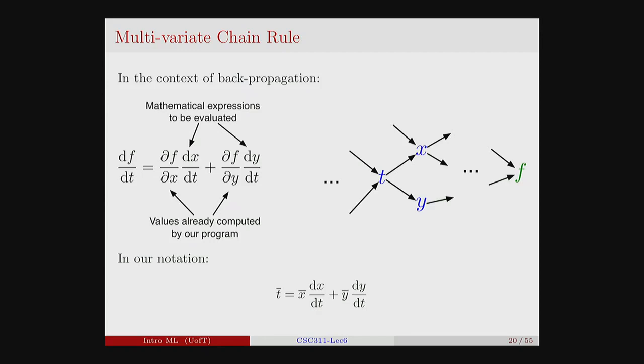But we already have a name in error signal notation for that first thing, which is how f changes as a function of x, which is x bar. So we can compactly write down the multivariate chain rule as t bar is equal to x bar times dx/dt plus y bar times dy/dt.